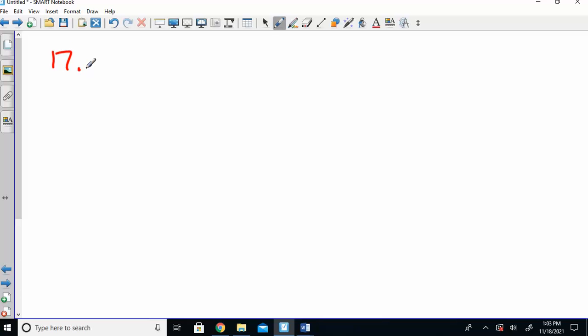Okay, so problem 17. So the majority of this test will probably be, you know, solving all of your logs and exponentials because we have done a ton of that. When we have an exponential like this, we had two options.